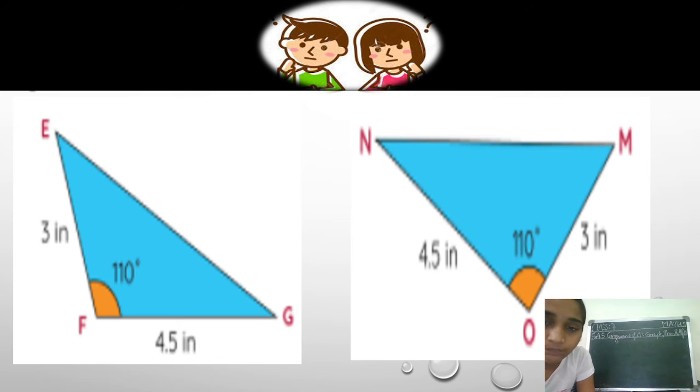You are very correct. These are congruent. Yes. 3 inch of one side of one triangle is equal to the 3 inch of another triangle. Similarly 4.5, and the angle is also included between them. Yes, basically students, so we can say yes, they are congruent.